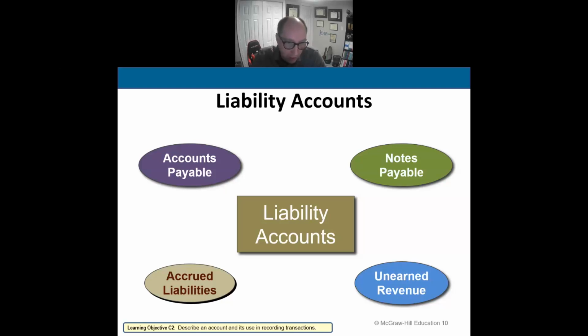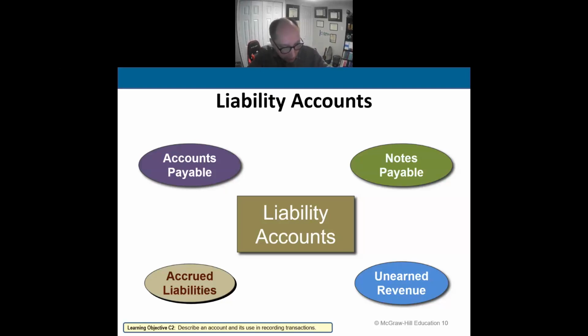Accrued liabilities are liabilities that I have accrued over time. Examples of those would be wages payable, taxes payable. We accrue them over time, right? When you're at work, you're making, I don't know, $20 an hour, right?